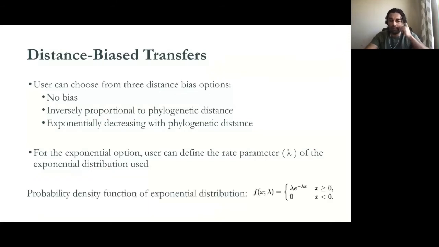And with this rate, you would sample this probability from an exponential distribution of any specific recipient receiving the transfer from a given number of potential candidates.